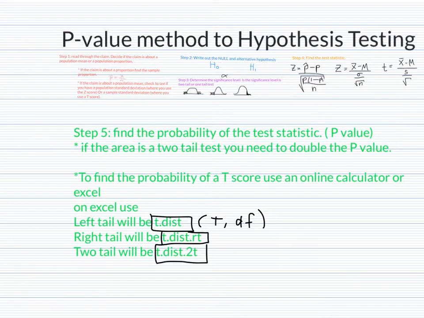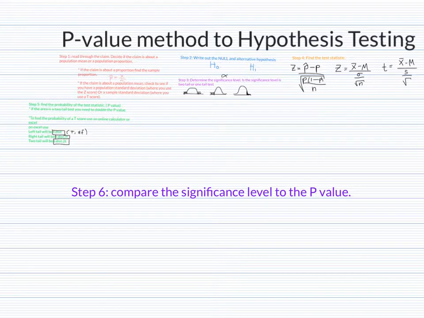So once we find the probability of our test statistic, step 6 will be the next step, and it's just going to compare those two. So step 6 is to compare the significance level, our alpha, to the p-value. So we have two things happen here.